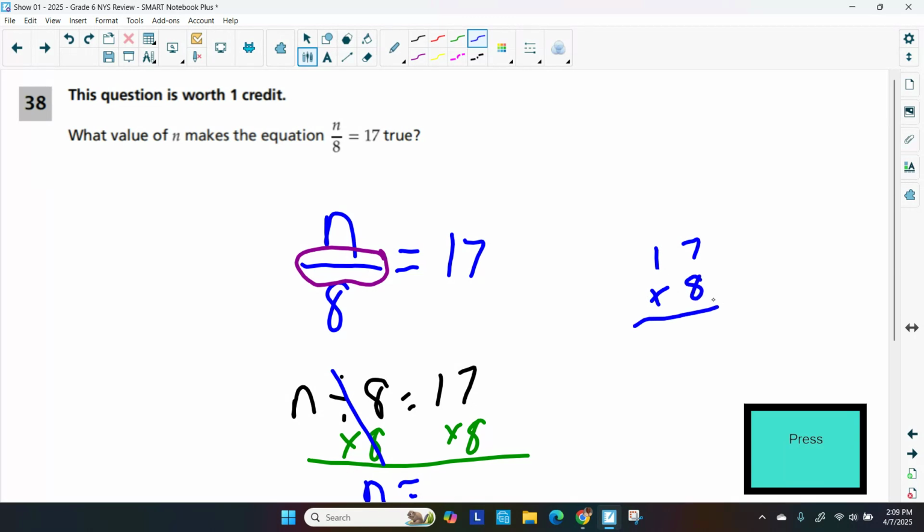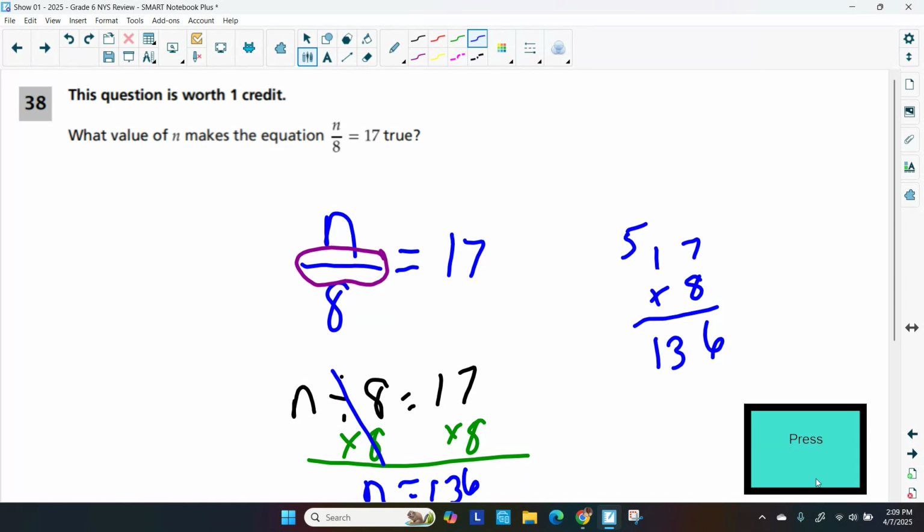I think you're allowed to use calculators now on this, because this looks like a question they allow you to use it because it's not multiple choice. So 56, 8 times 1 is 8, 8 plus 5 is 13. So I get 136 is the value of n.